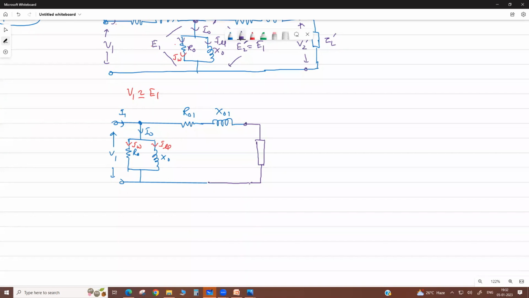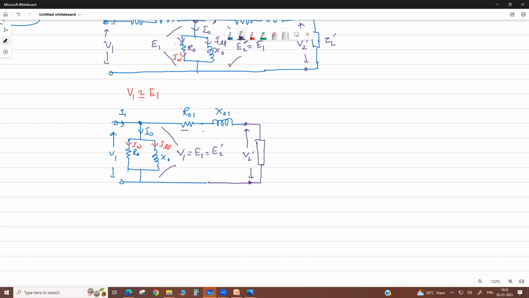My dear, what is the voltage here? V2 dash, no? What is the voltage here? It is V1 only, correct? Now V1 equals E1 almost, equals E2 dash.